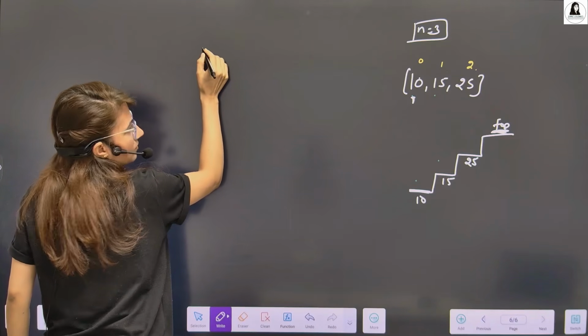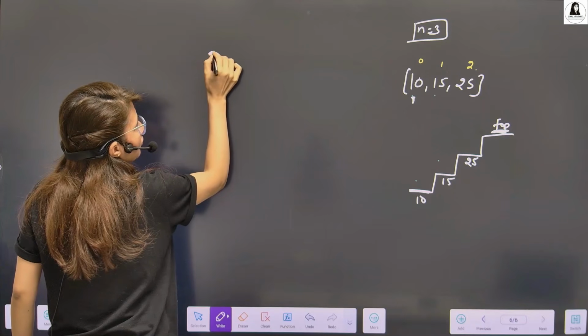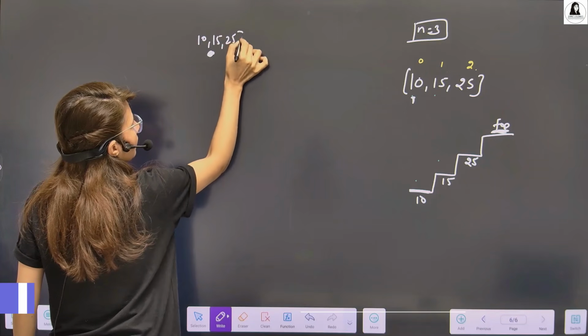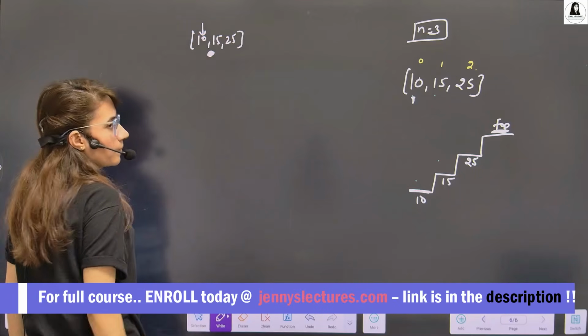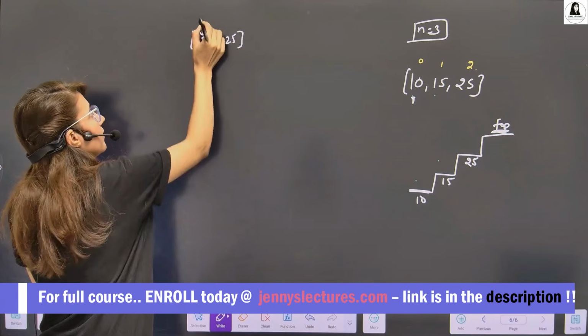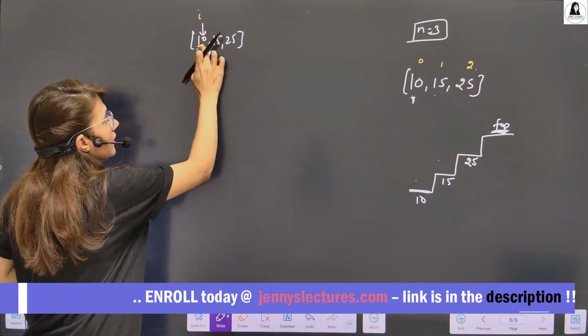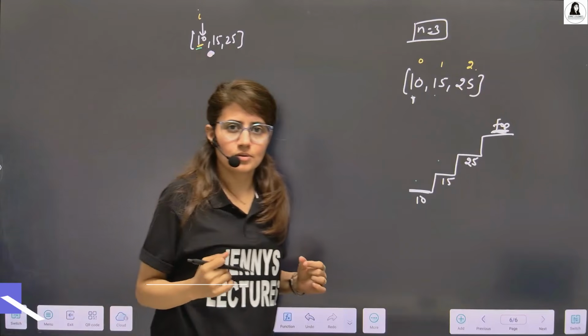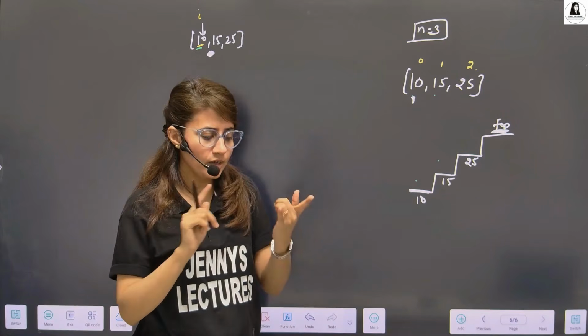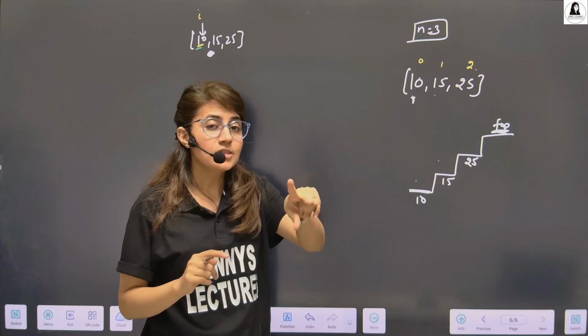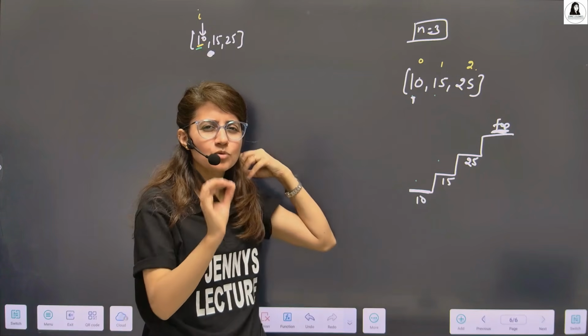Let's say I start from 0 here, with costs 10, 15 and 25. Take a variable i, which is here. Now I have choices: in the question you can either climb 1 step or 2 steps, and you have to find the minimum cost.